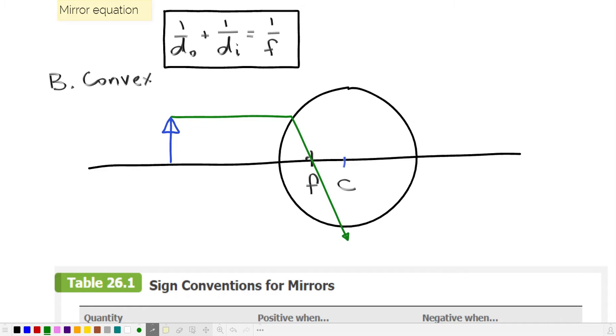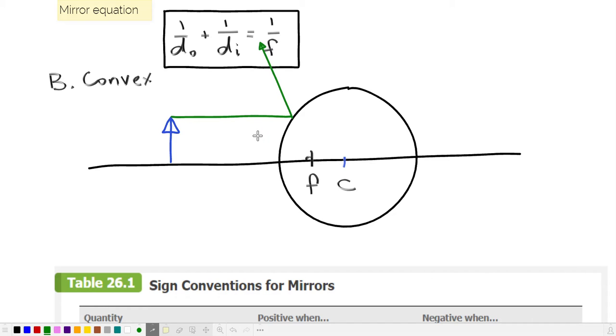Well, no, it doesn't make sense, right? What does make sense is for it to appear to be coming from that focal point. So I'm going to draw it like this just to show you what's going to happen.